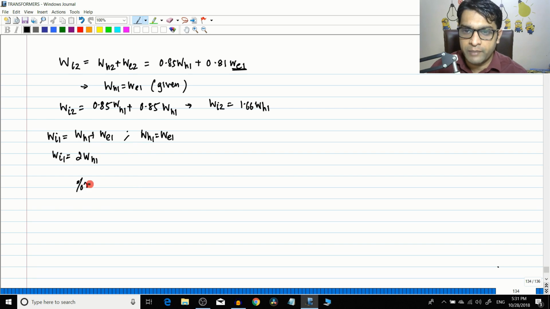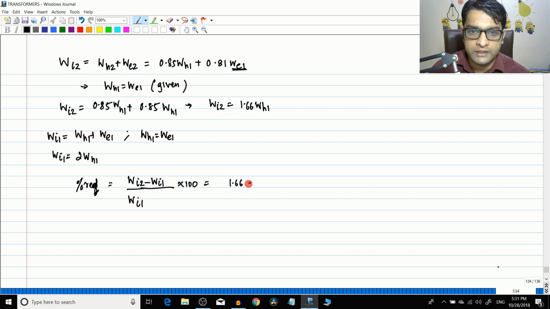So what they have asked is the percentage reduction in the iron loss. So that is Wi2 minus Wi1 divided by Wi1 into 100. Wi2 value is equal to 1.66 WH1, and Wi1 value is 2 times WH1, divided by Wi1, which is 2 times WH1, into 100.